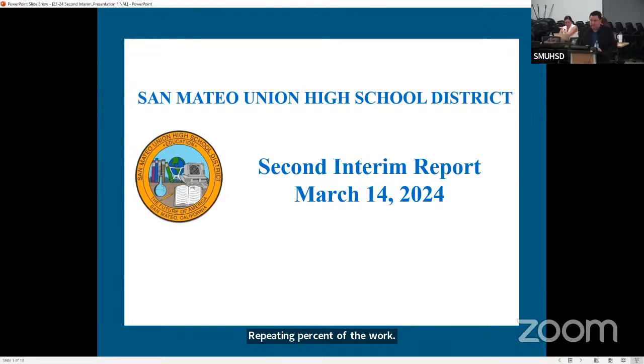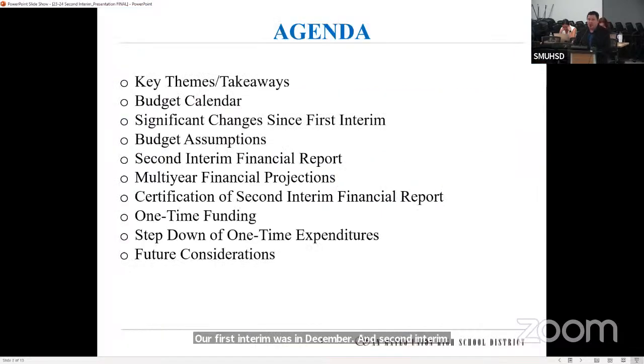As the board knows, this is the second reporting period after the budget adoption in June. Our first interim was in December, and second interim is coming in March. Tonight we'll go through some key themes and takeaways, look over the budget calendar, talk about significant changes since first interim, and go over our budget assumptions for the current year and our multi-year projections.